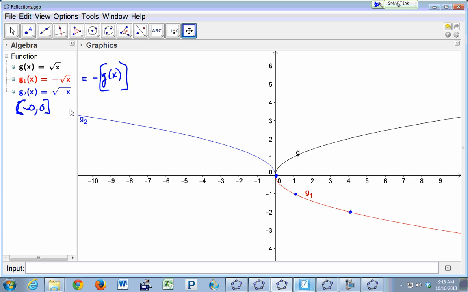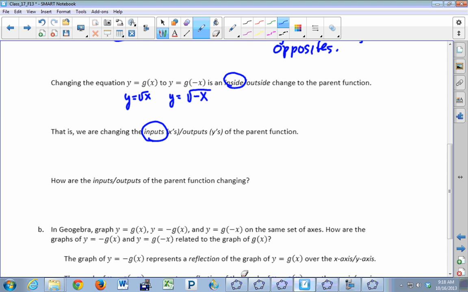So when you affect the inside part of a function, you have a reflection across your y-axis, okay? All right, so how are the inputs? The inputs have changed to their opposite.